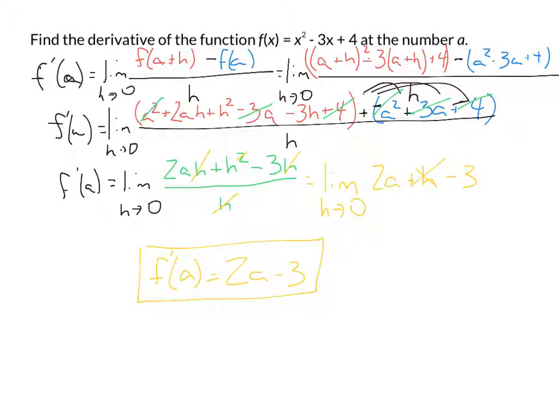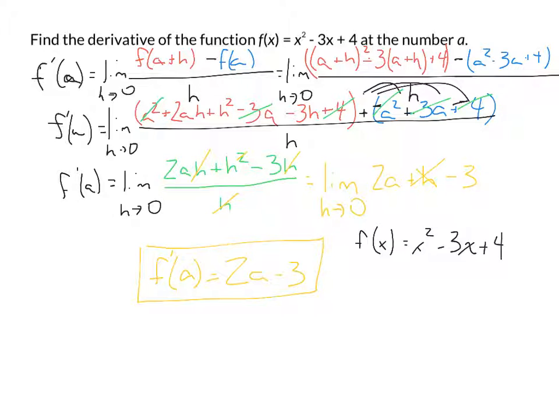So what the derivative does, we talked about how it's the same as that slope formula for the tangent of a curve at any given point. So you give me the point a right now, and I can find the slope at that point. So using this parabola, this is our original function, and our derivative is f prime of a equals 2a minus 3.